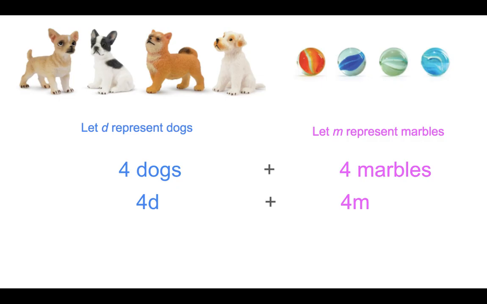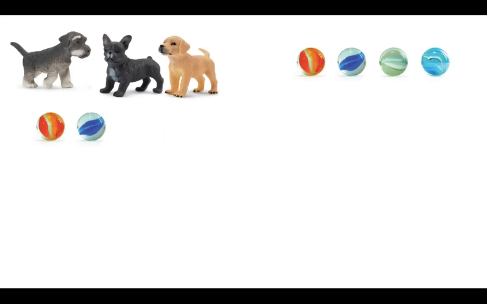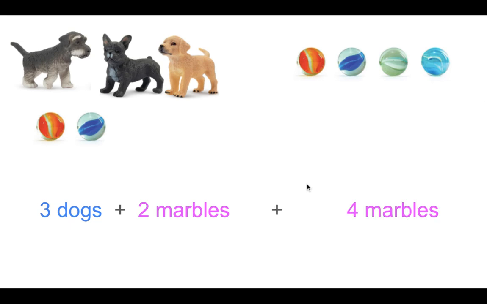Let's look at another example. Now this time I have 3 dogs and I have 2 marbles. And on the right side, I have 4 marbles. So I can combine my marbles because marbles are the same. So I have a total of 2 marbles and 4 marbles, so 6 marbles.